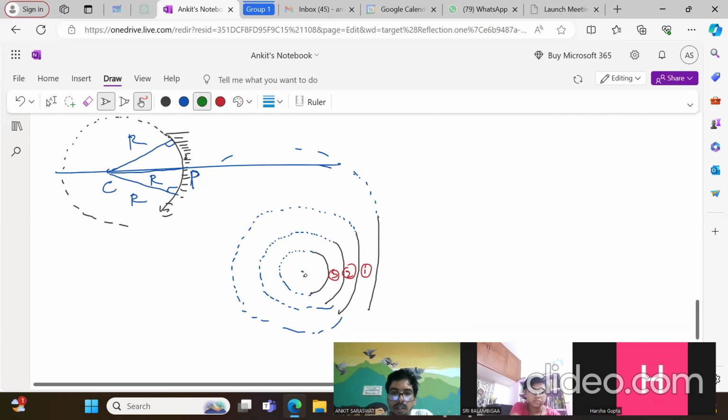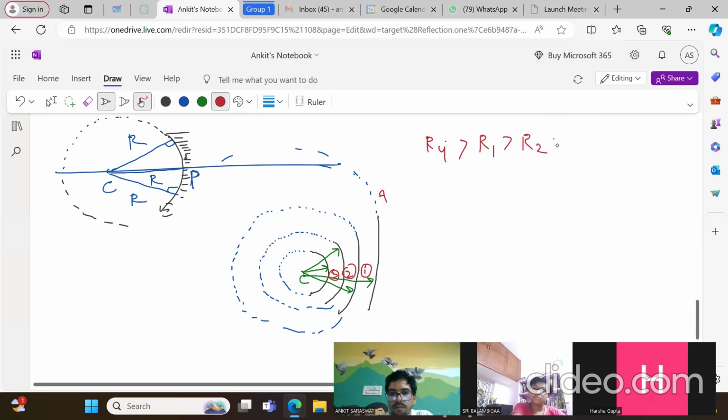Now tell me in which case the radius is more. In the first case? The last mirror. So R1, I can take this as R4. Very good, because this is less flat. R4 is greater than R1.